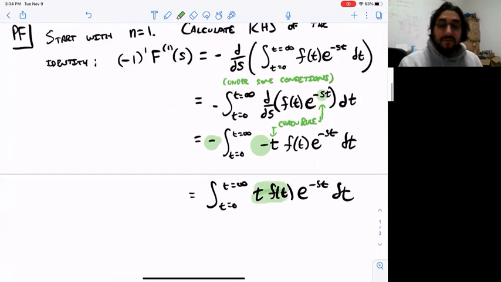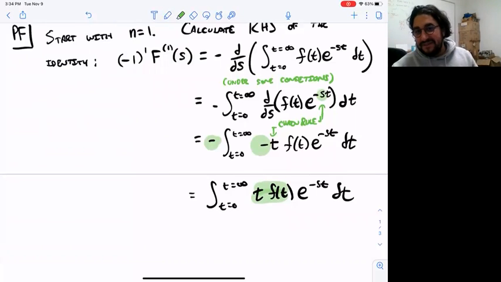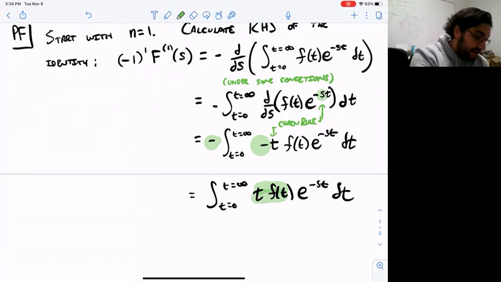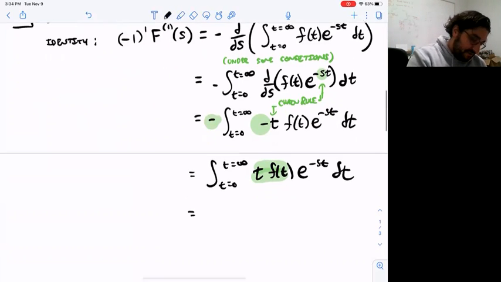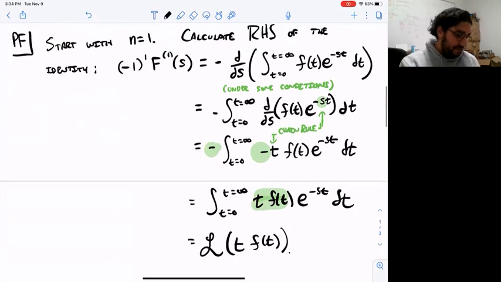It's a Laplace transform of t f of t. Where f of t usually lives in a Laplace transform, we now have t f of t. That's our new function. So this, I can say, is the Laplace transform of t f of t. And at this point, I just proved the identity for n equals 1.